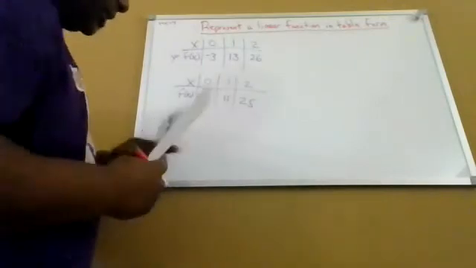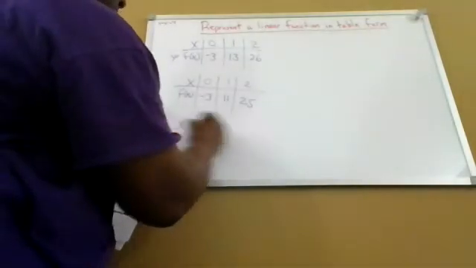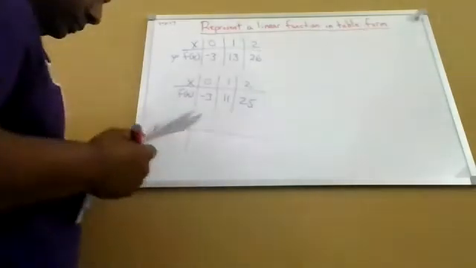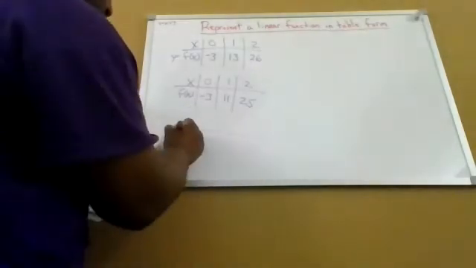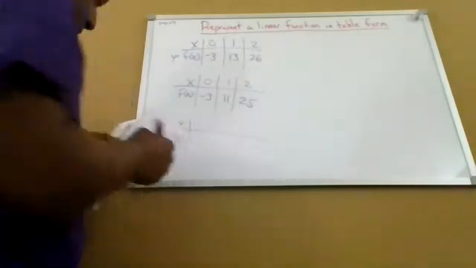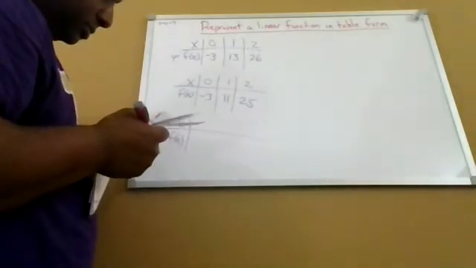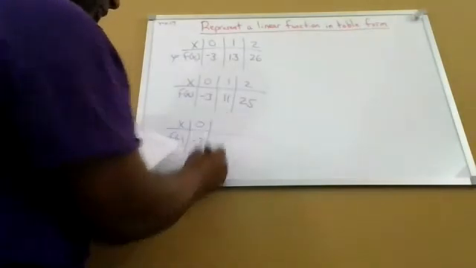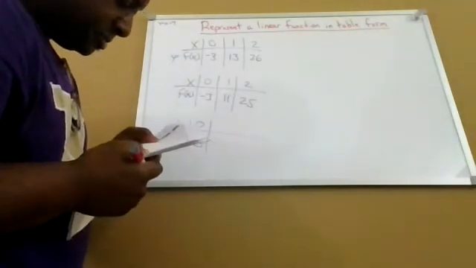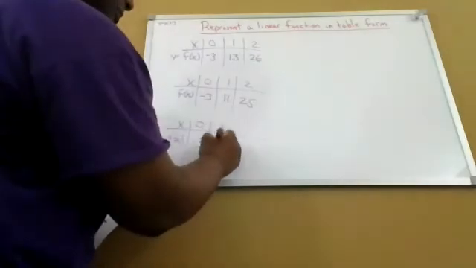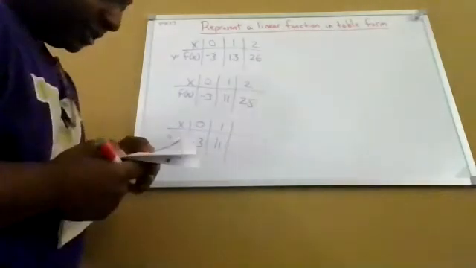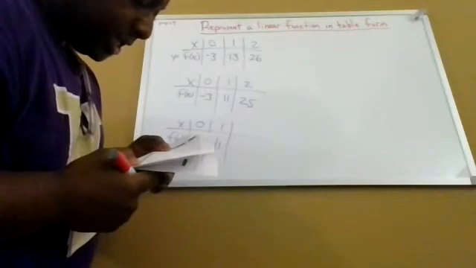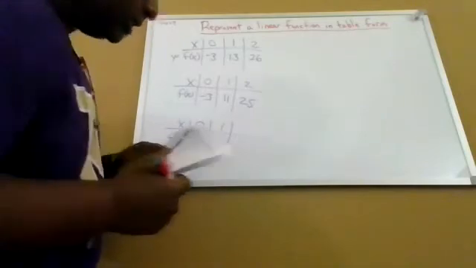All right, in my third table: 0, -3; 1, 11; and 2, 22.